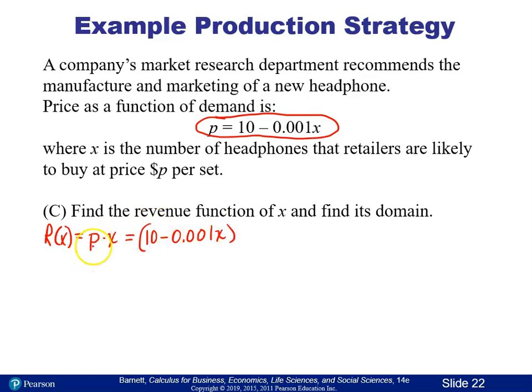That goes in the place of the p here, and then I have my other x for the units. I am going to distribute the x through, so that's going to be 10x minus 0.001x squared. And that's going to represent our revenue function. And as far as its domain, the domain is going to stay the same as what we've experienced before with that, because our x and p are still the same things.